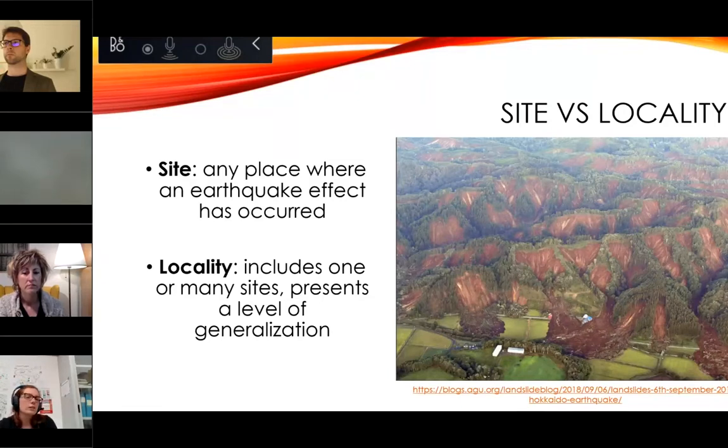So the site is any place where a single effect has occurred and has been observed. And it is recommended that the compilation of earthquake effects should be done at the site level.